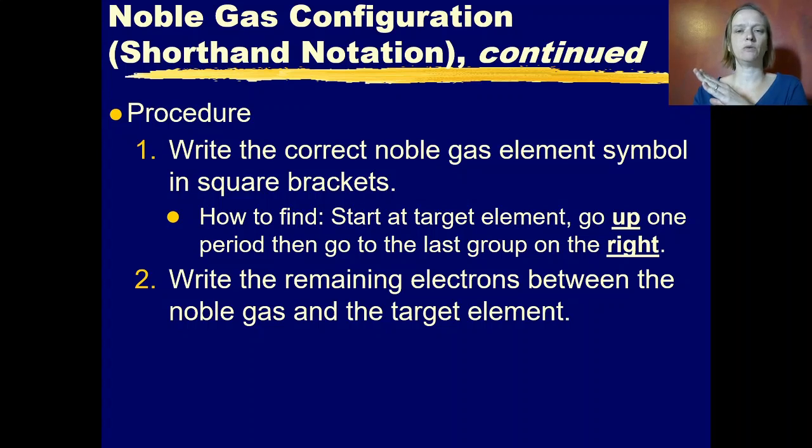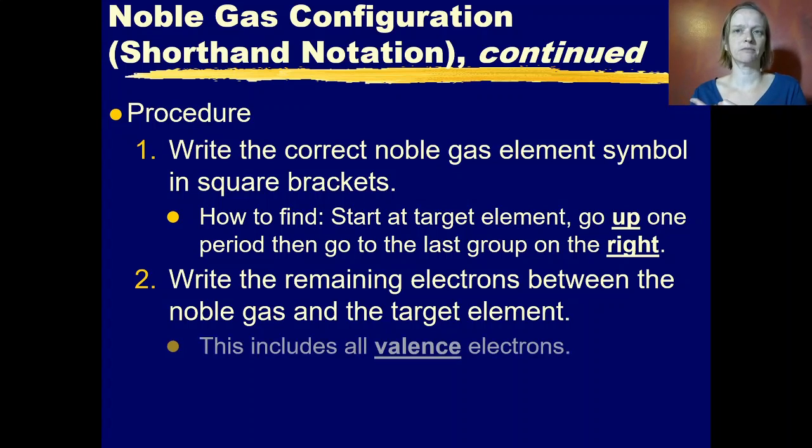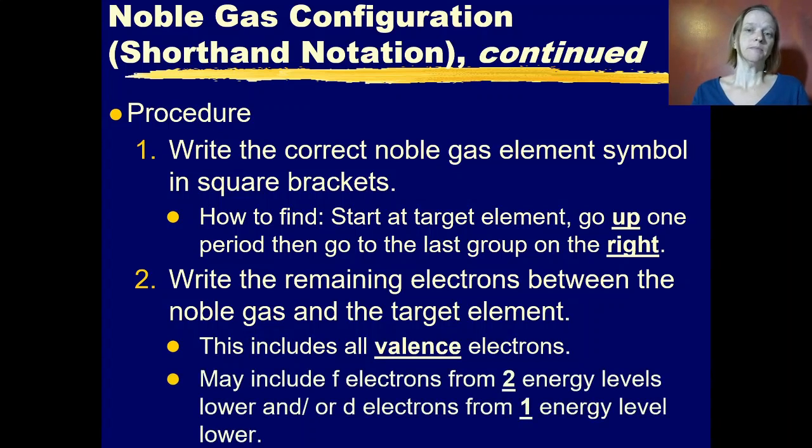Then, step 2, you write all the remaining electrons between that noble gas and your target element. This is going to include all the valence electrons. It may also include some F electrons and D electrons from lower energy levels.